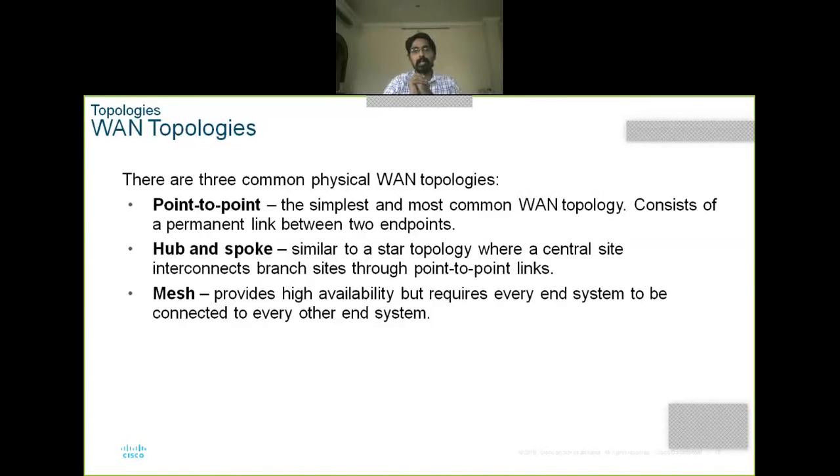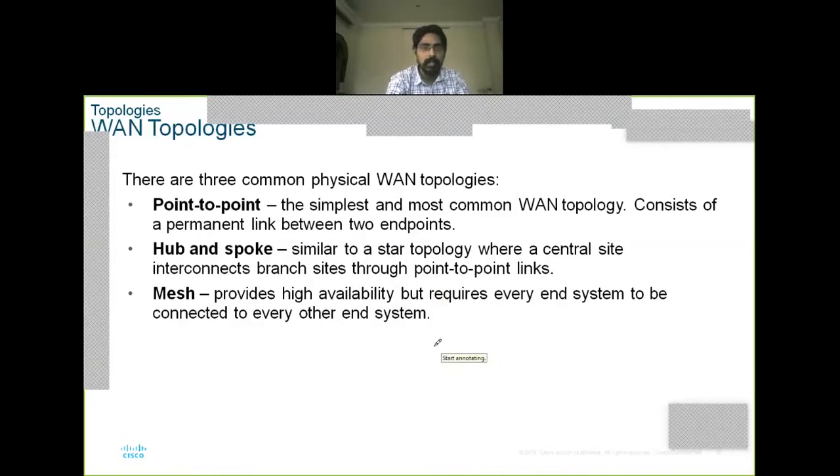What is a mesh topology? Generally, we won't use this one, but it requires a high-end system. That means in mesh topology, each system has a communication line to every system in the network, right? Each system, don't get confused. I'll show you with a diagram. Suppose this is one system.